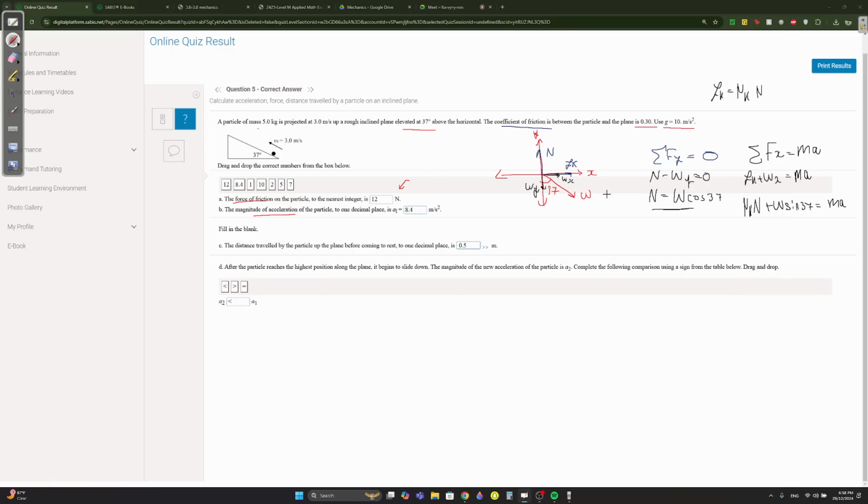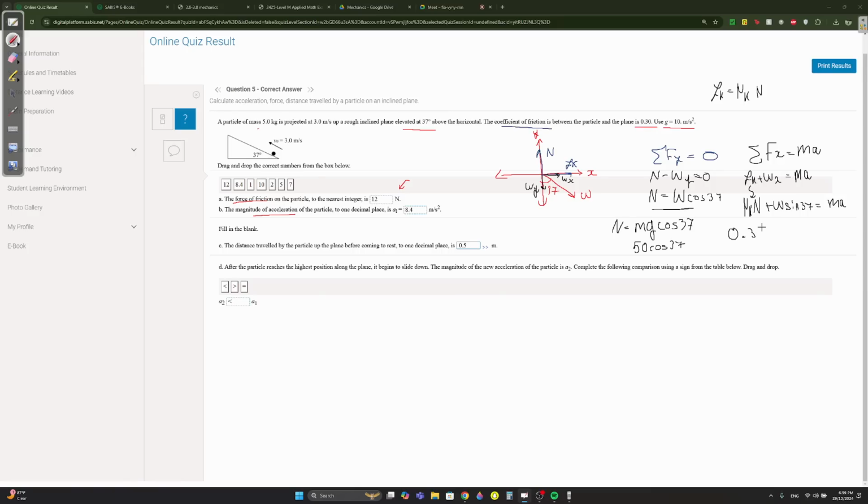W cosine 37. What is weight? W is mg. So N is equal to mg cosine 37. What's mg? 5 times 10, so 50 cosine 37. Okay. Fk, it's mu k N, right? What I'm solving here is for part A and B, because it's also part B. Mu k N, what's mu k N? Mu k is 0.3.